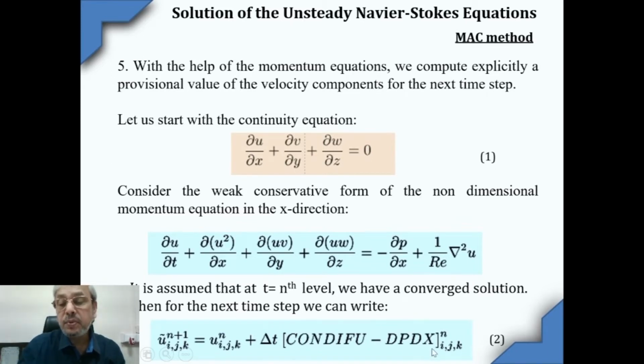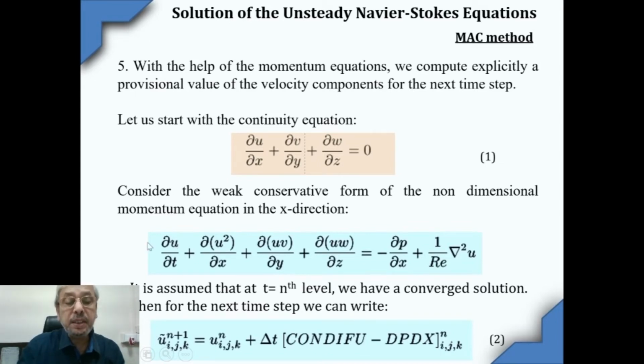All these values are evaluated at ijk point at time level n, multiplied by delta t, plus u_ijk at nth level gives u_ijk at n plus 1th level, provisional.